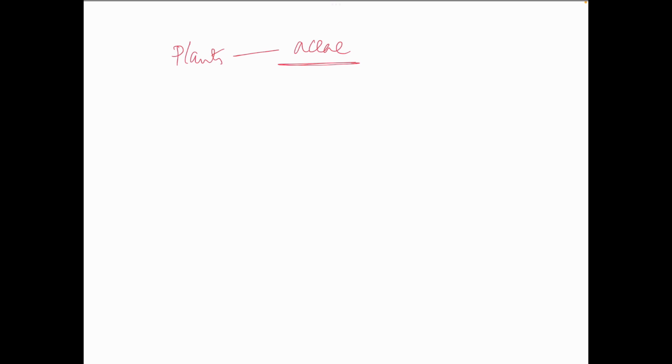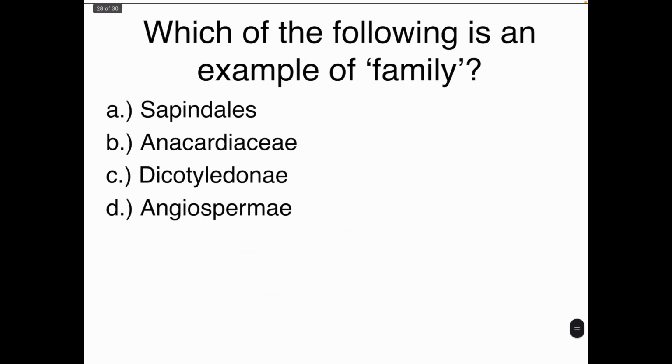If you know this, then you have solved this question. And for animals, it ends with the suffix idae, okay. So getting back to our question, the answer is B. That is obvious.